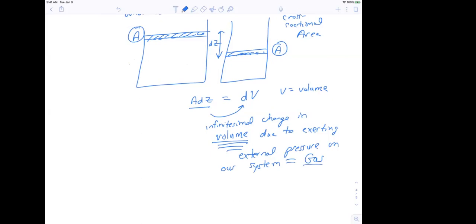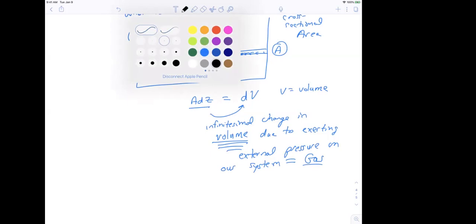So it's quite nice that A dz is really just the differential or infinitesimal change in volume, dV. Okay, any questions or comments at this point? Please chime in, unmute yourself and ask a question if you need to. Okay, so I will continue.